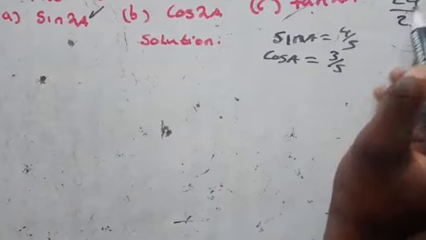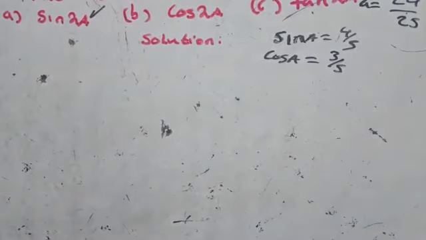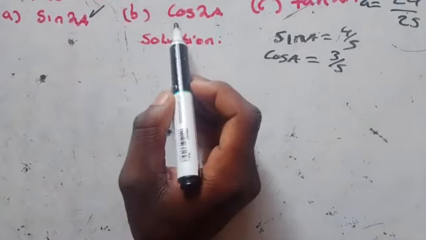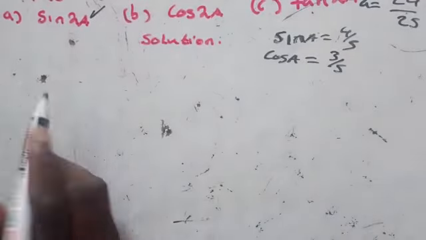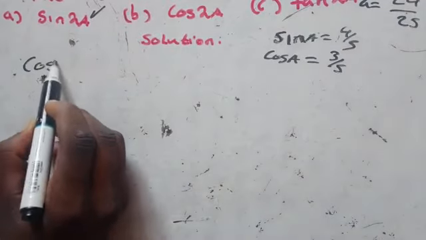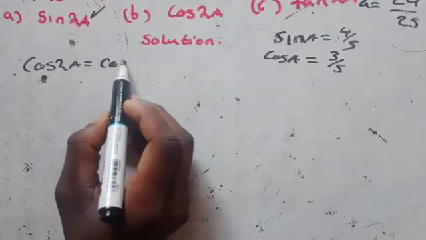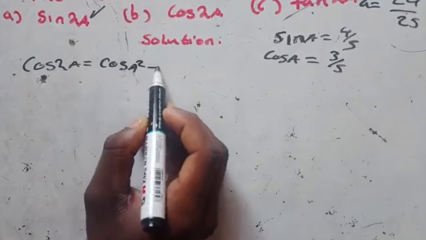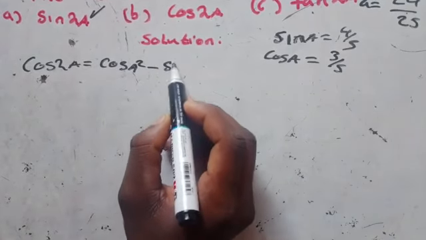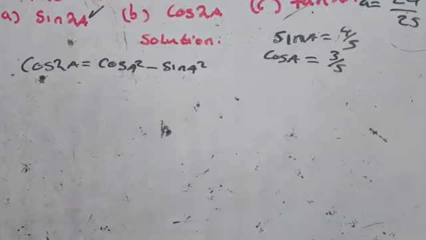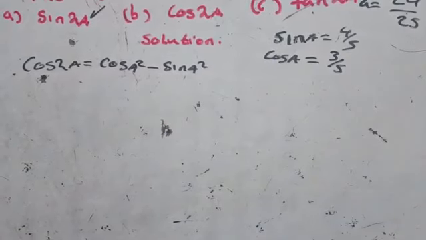This is A. Now B, which is cos 2A. We know that cos 2A is equal to cos A squared minus sin A squared, according to the identities on compound angles.